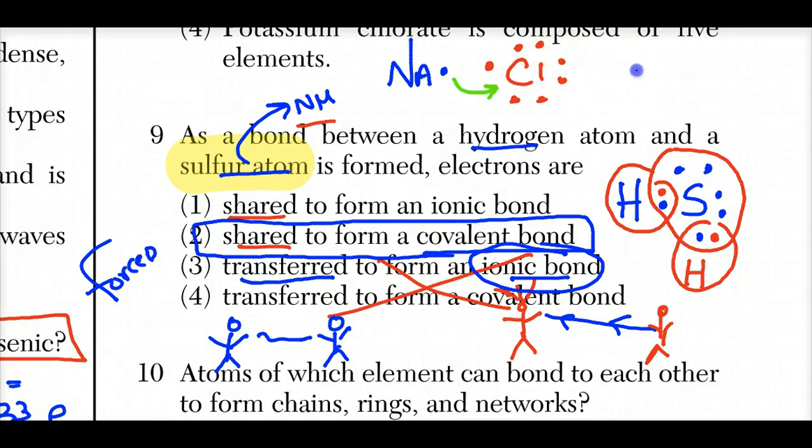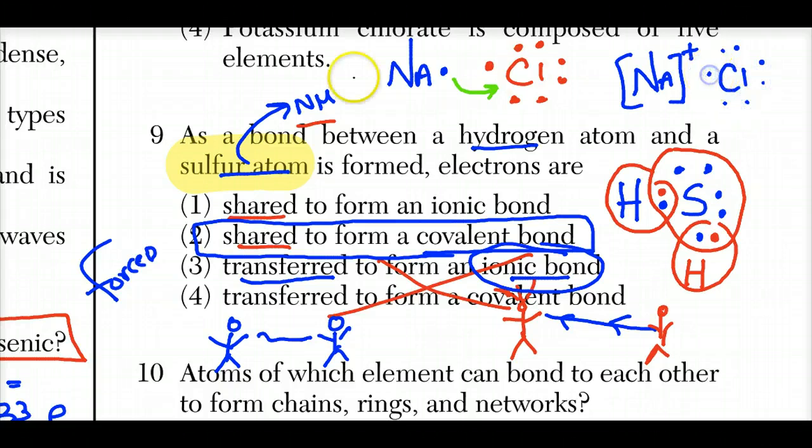Sodium is going to lose its valence electron and become positively charged. Chlorine had 7, and now by the 1 it gained, it has 8. And the whole thing is negatively charged, and they attract by an ionic bond between them. By transferring, we make ions. By sharing, we make covalent bonds.